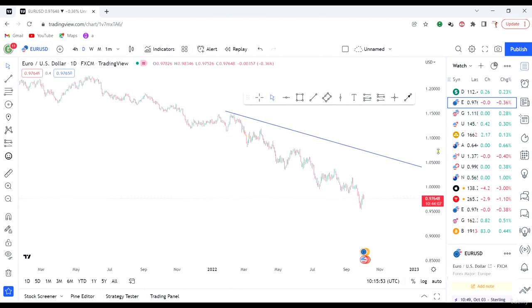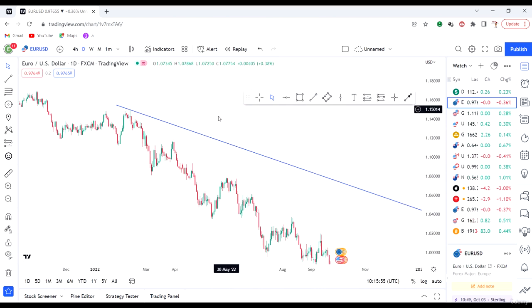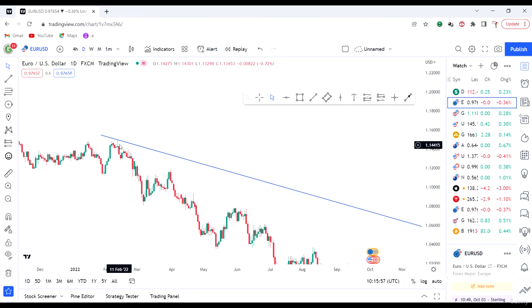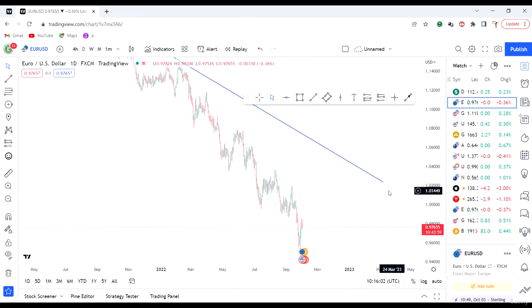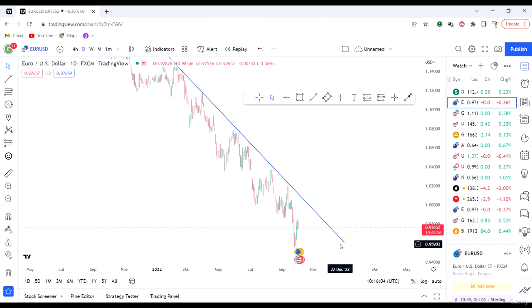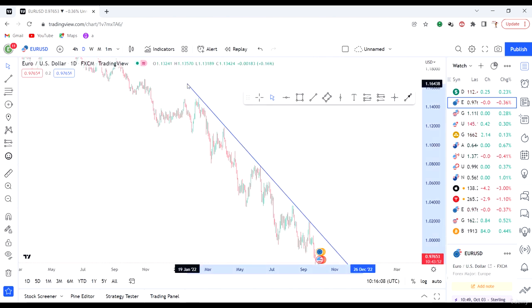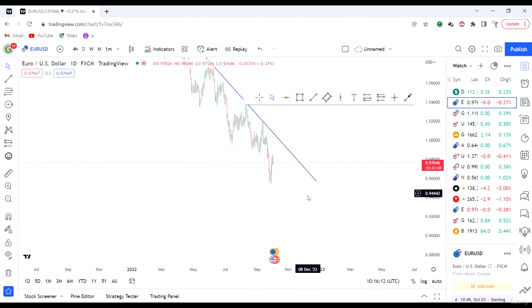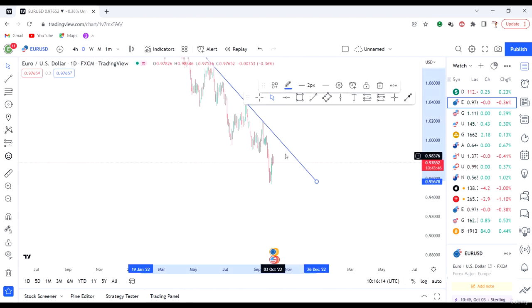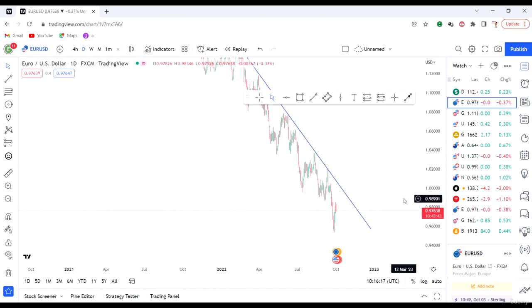Your trend lines have to be touching the wicks, the tips, the highest points. You have to draw it from this point and then draw it across to the next high point. So this is the proper way of drawing your trend line. You have to make sure it touches the wicks, or the shadows. So this is the way to draw your trend line.